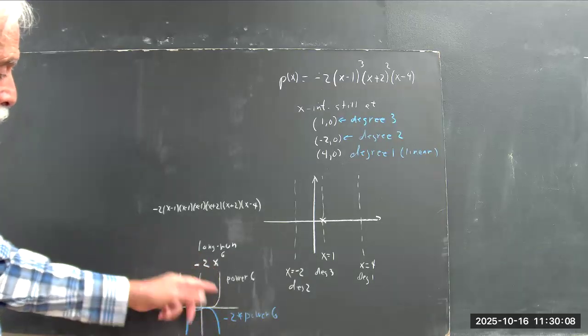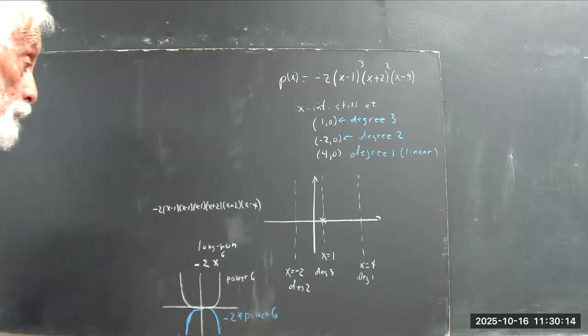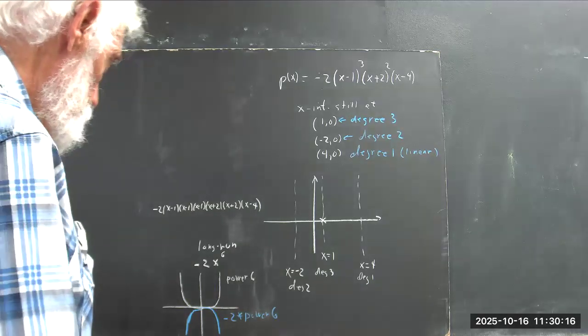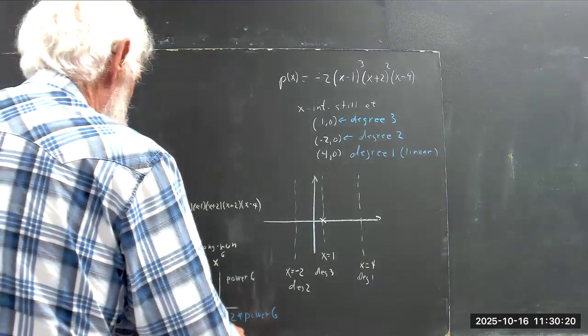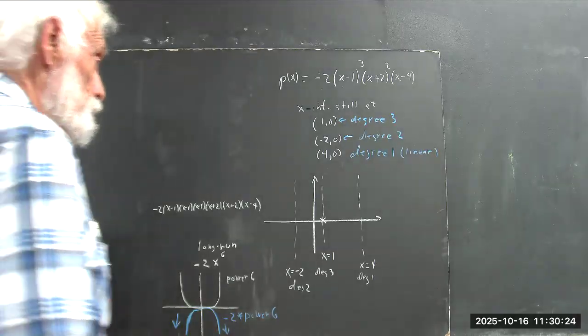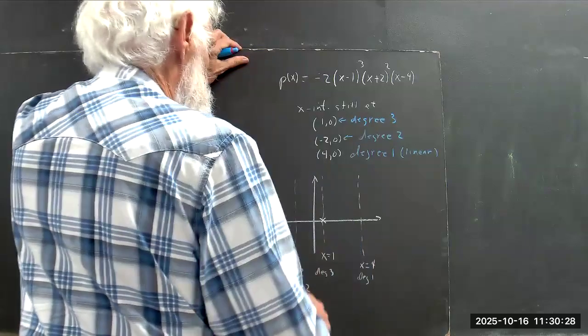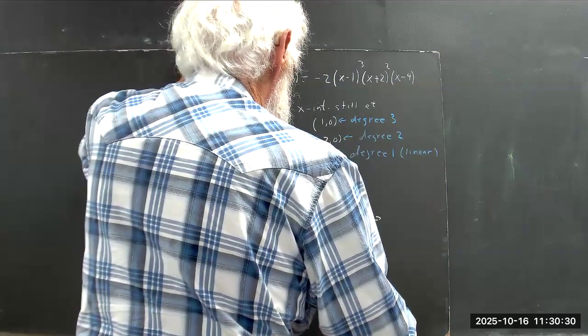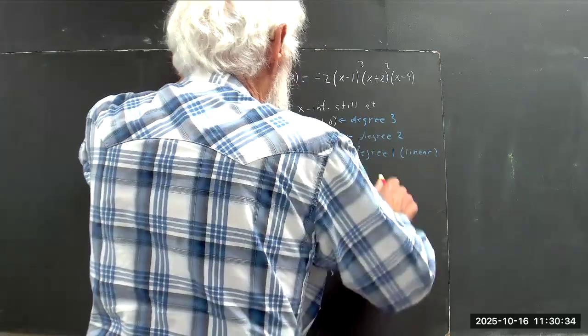And then because it's negative, it's going to flip over the x-axis, okay? So here's your long run behavior. Meaning it'll be down here and down here. Now the y-intercept, I can label it up here.